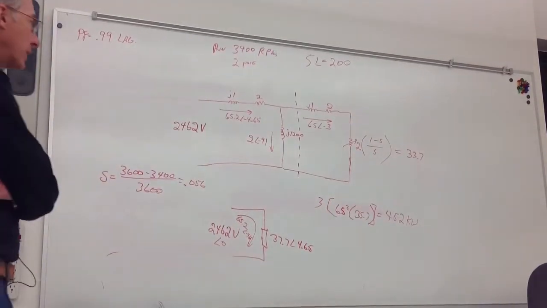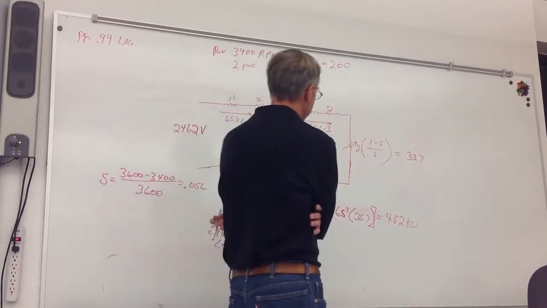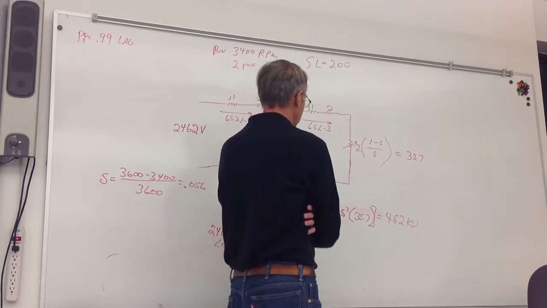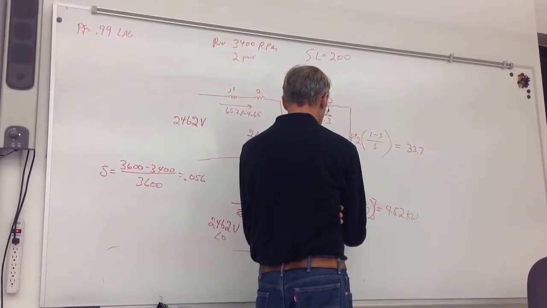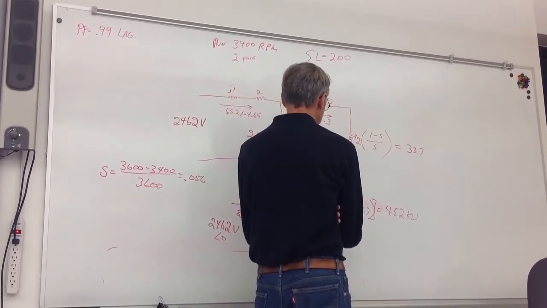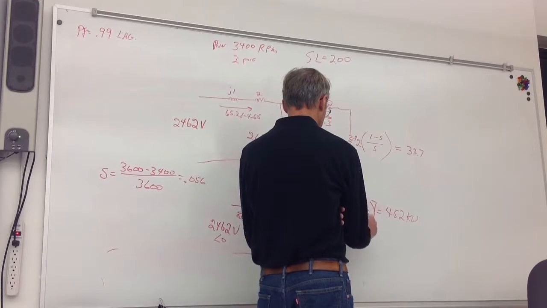If I want the power into the shaft, or into the rotor, what would that power be? What's the equation going to be? It'd be the 65 squared times what?